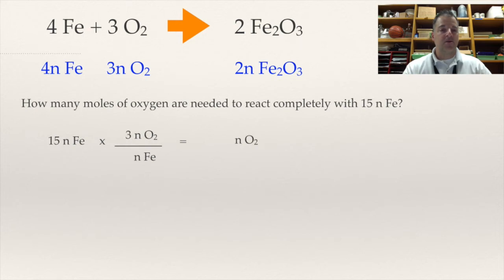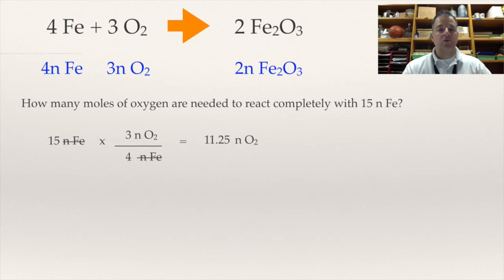So in front of oxygen there's a 3, in front of iron there's a 4. We can see that our units cancel out, and we're left with the units of moles of O2. Now it's a matter of doing the math. 15 times 3 divided by 4 will give us about 11.25 moles of oxygen.